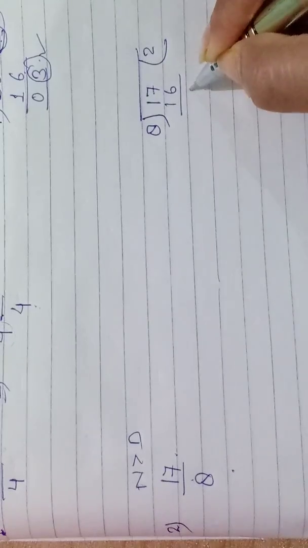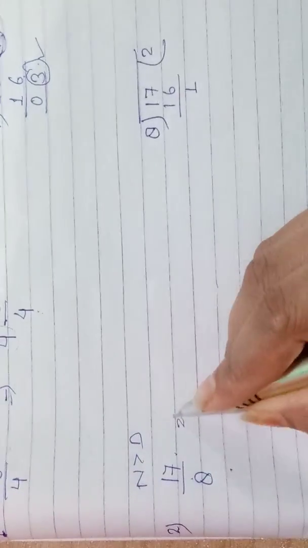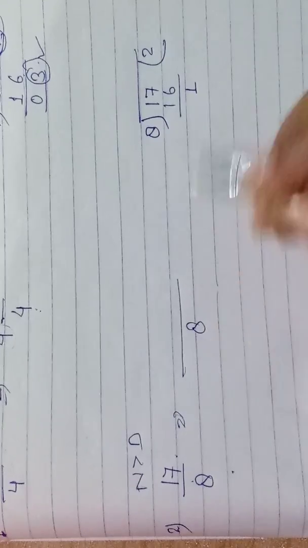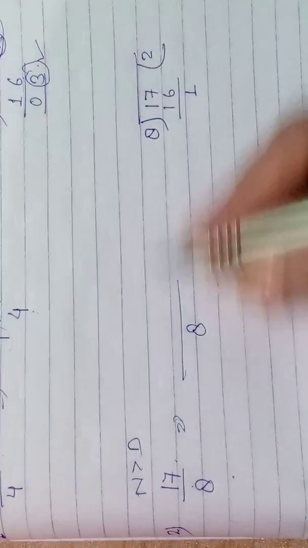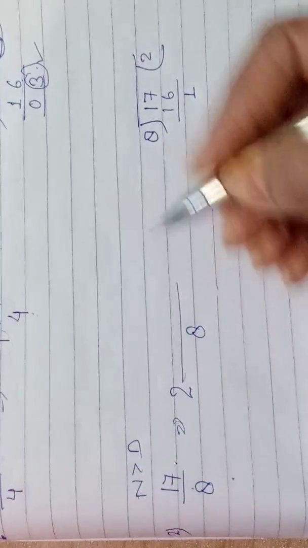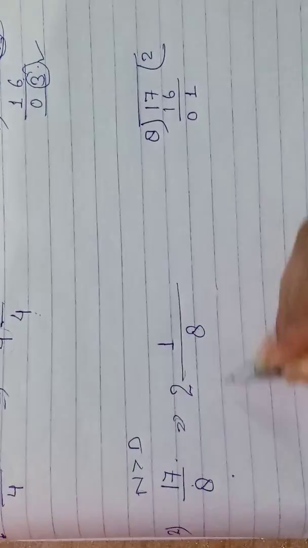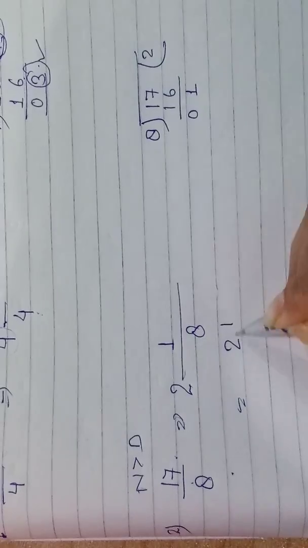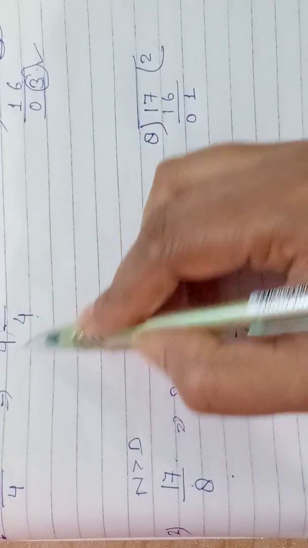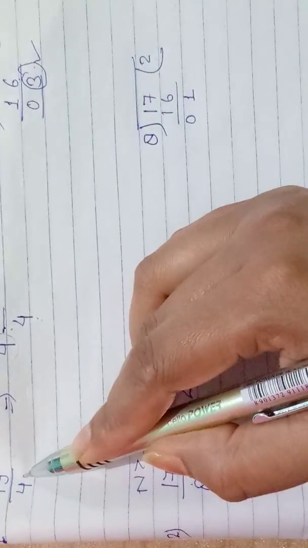What is the remainder we have? 1. So you know that the denominator will be written as it is, and the whole number we have got is 2, and the remainder we have is 1. So 2 whole 1 by 8, if we solve this we will get this value.